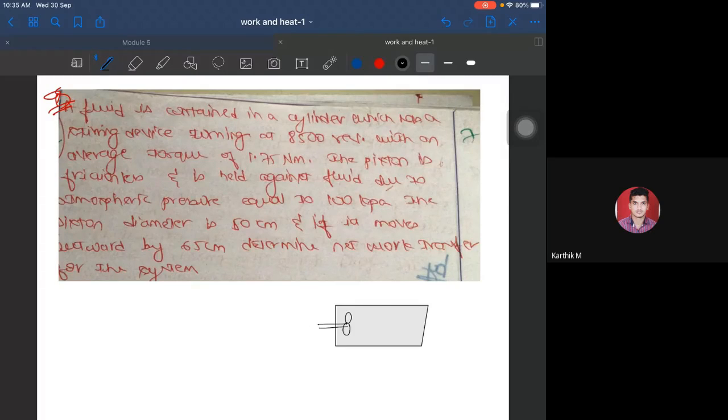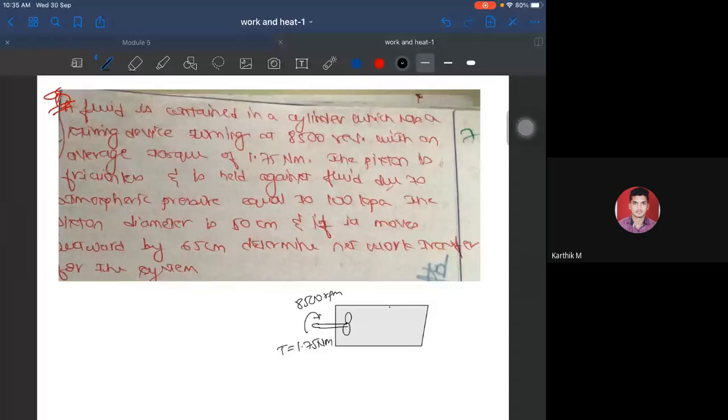This rotates at 850 RPM, that is the speed of this particular device, with an average torque in newton meters. So this is actually a piston and cylinder arrangement.